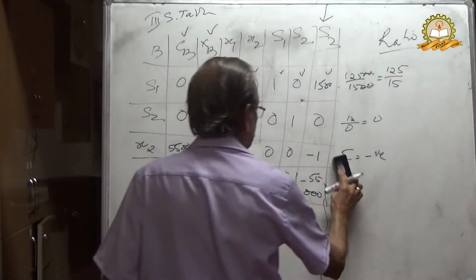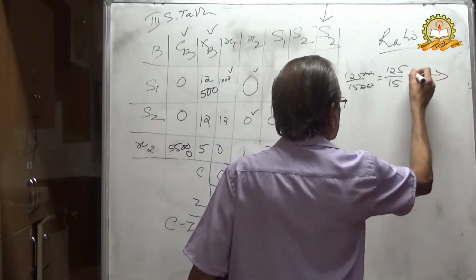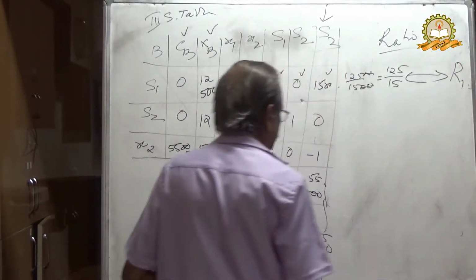Therefore, here your pivot row will be this R1. Pivot row is R1.